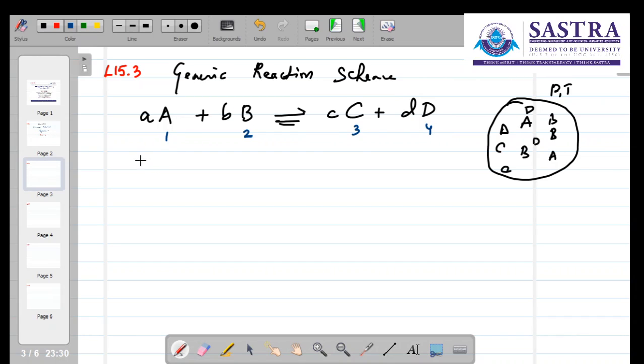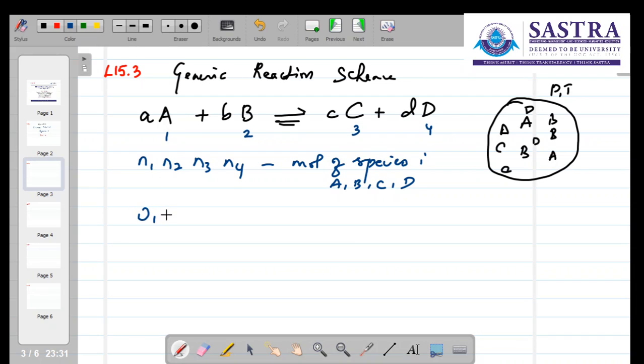So N1, N2, N3 and N4 denote the moles of species i, in this case A, B, C, D respectively. And what are small a, small b, small c and small d? These are the stoichiometric coefficients.